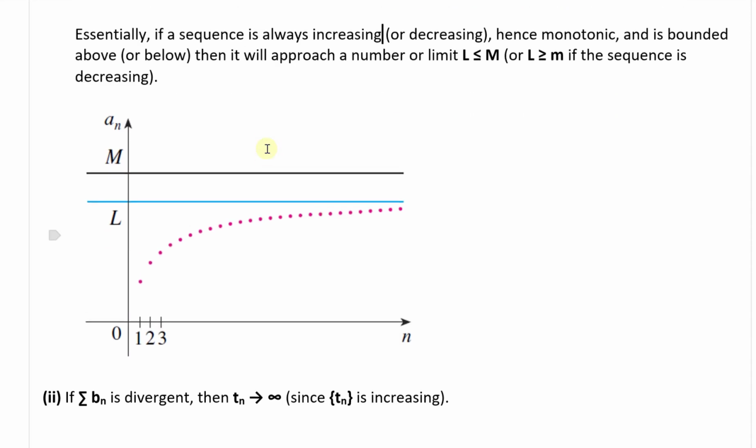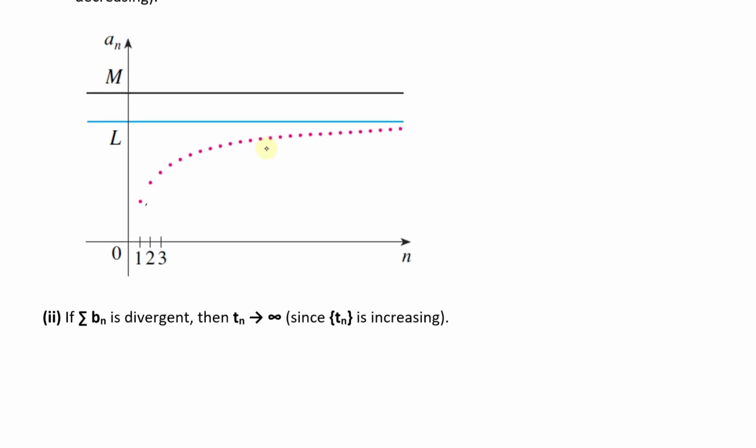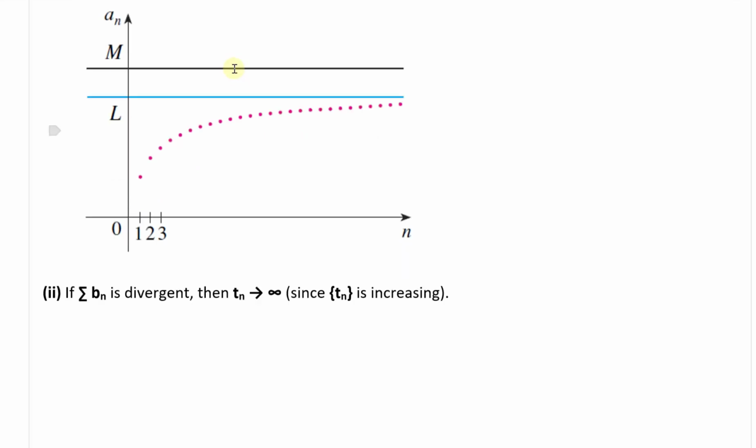So for example here, ours is going to be our t value. Notice how the partial sum is always increasing, and it's going to be less than or equal to this one, so this L could equal that, but it can't go anywhere bigger. So in other words, it's converging to this value. So yes, that is the monotonic sequence theorem. This is a recap on that.